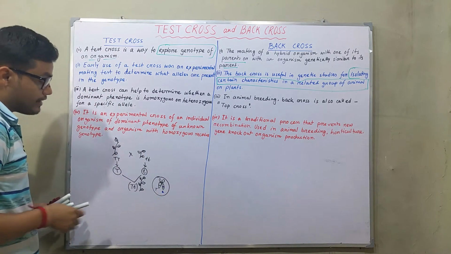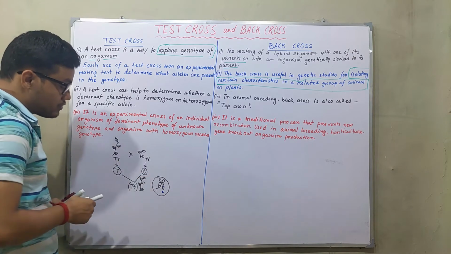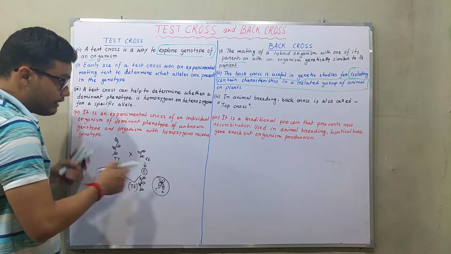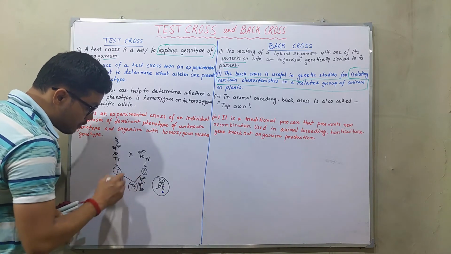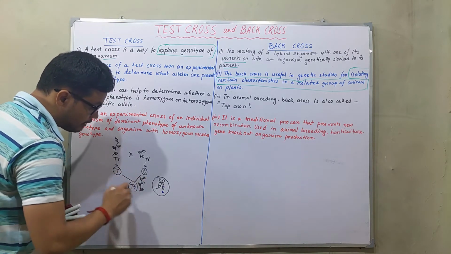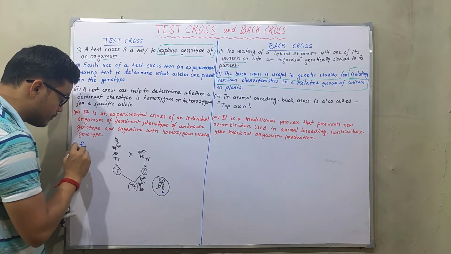So if we isolate this particular genotype from this organism, we can do a test cross. Basically, this is the P1 genotype, parental 1, and this is the F1 genotype.